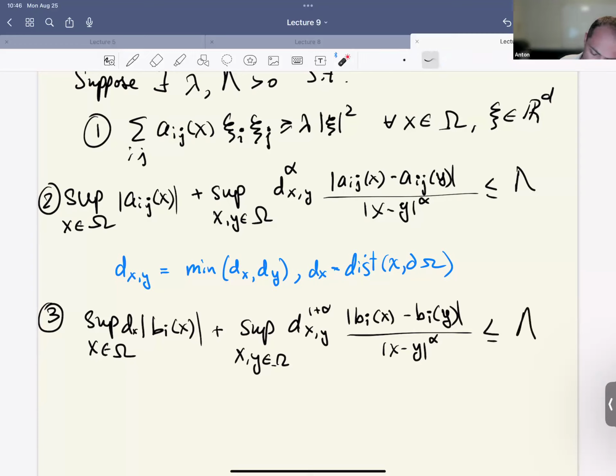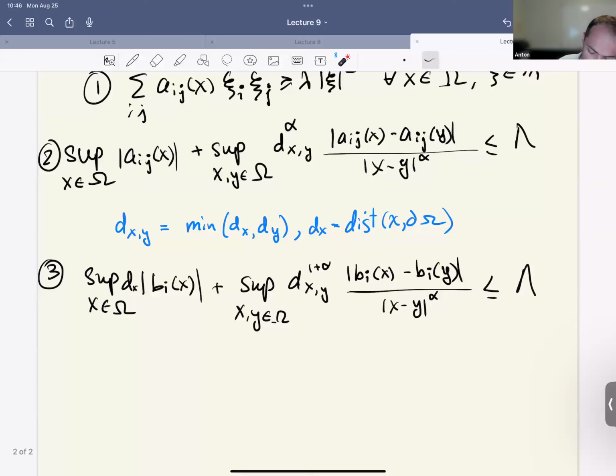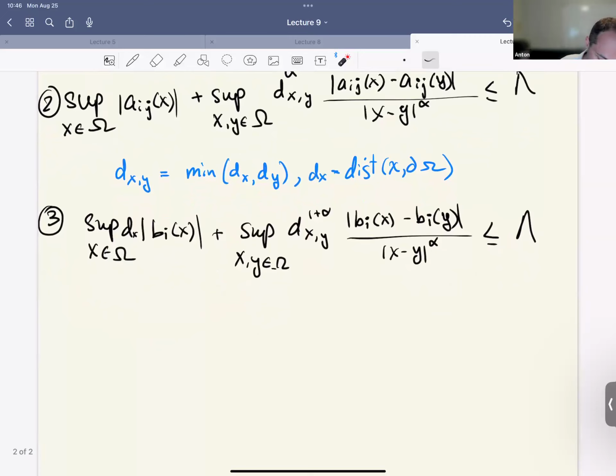Same thing for the drift. We have the maximum value of the drift and some kind of alpha Hölder constant on the drift. And we've got this extra term d sub x. I'll again make note of what that means for us in this moment. But this basically is saying that the drift should not be growing too quickly, and its derivative should be bounded. Well, alpha Hölder.